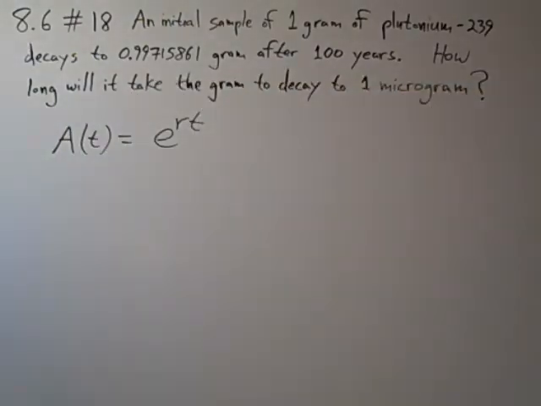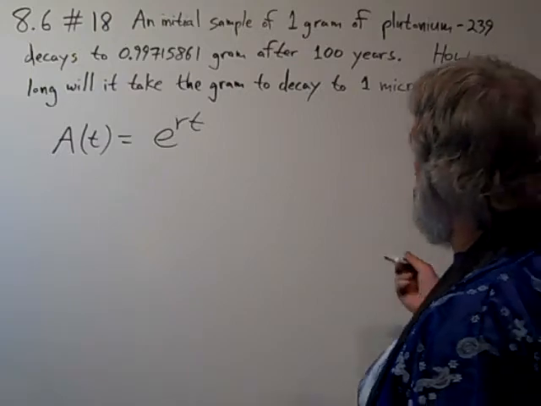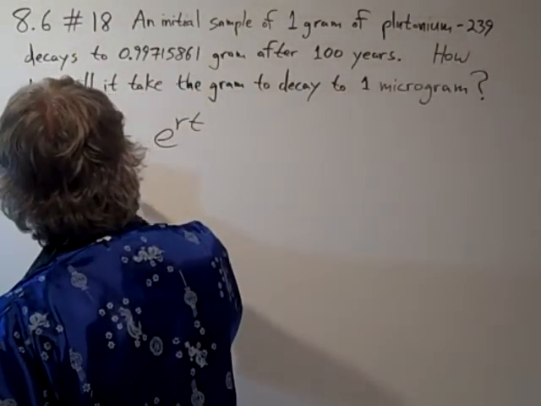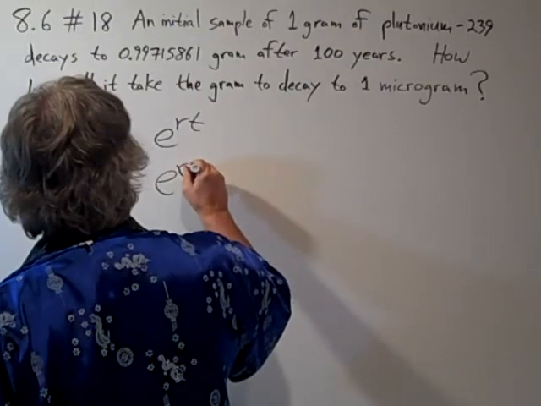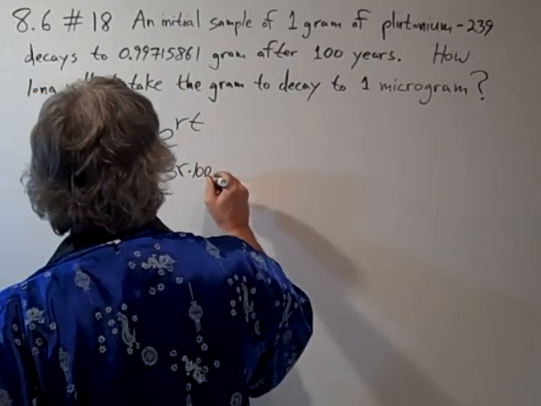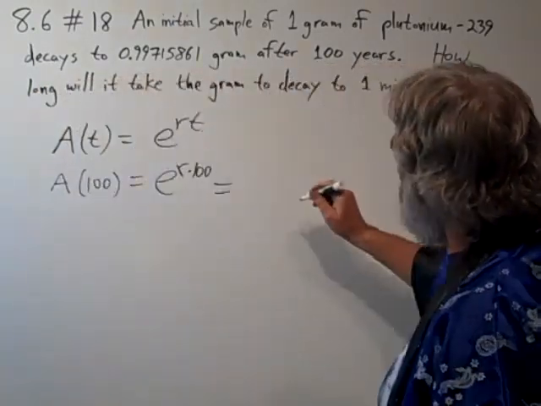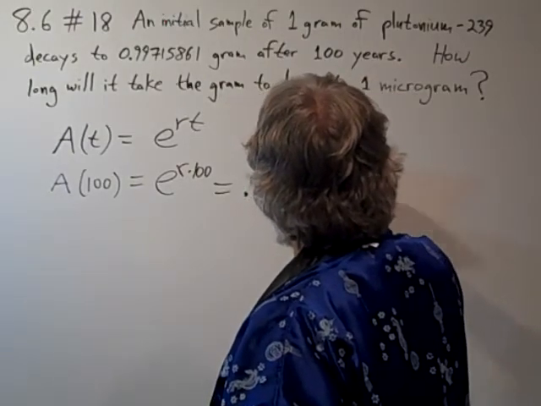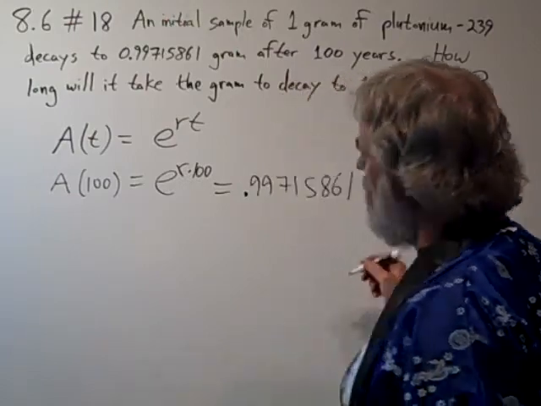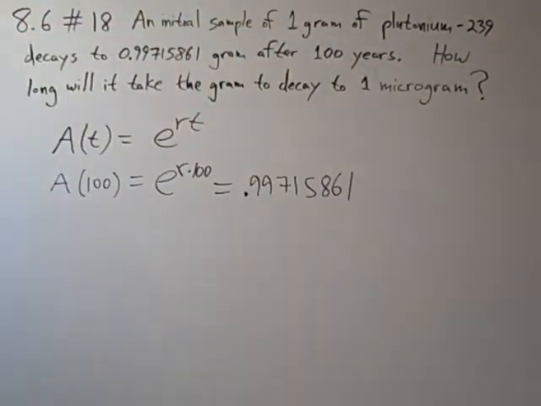Now we're told that after 100 years, so A of 100, we have e to the r times 100, that 1 gram has decayed to 0.997156861 grams.